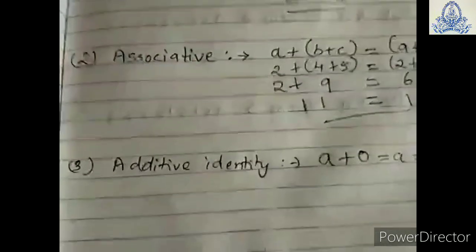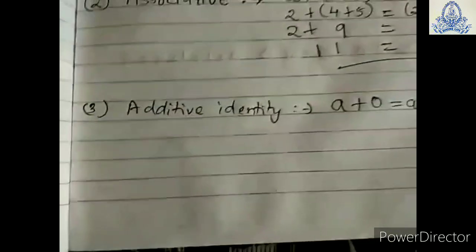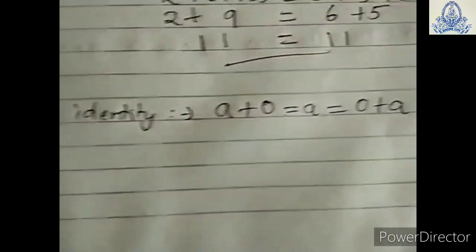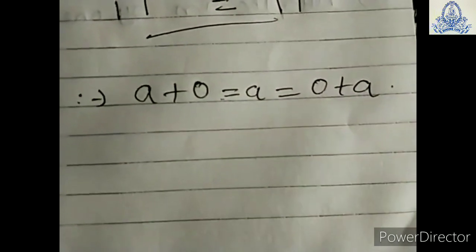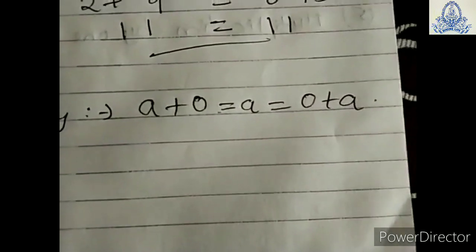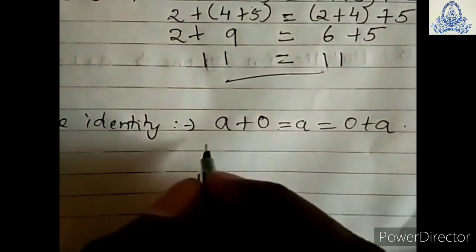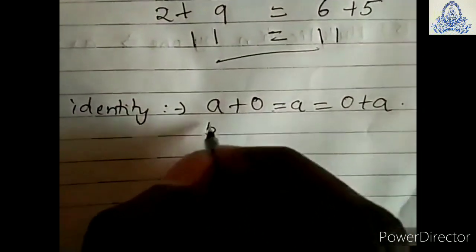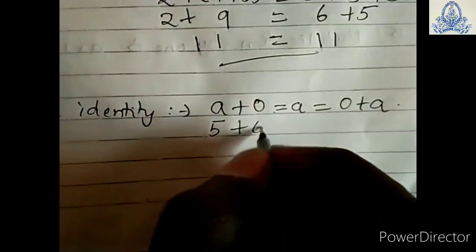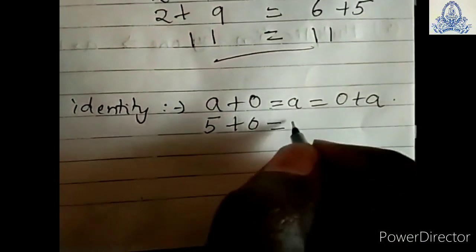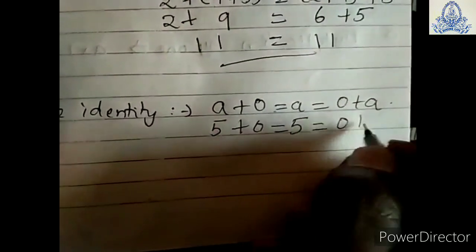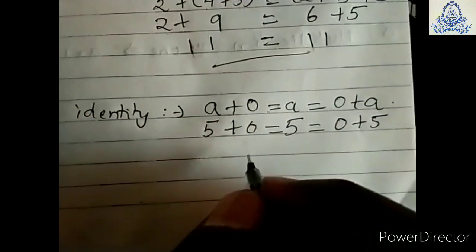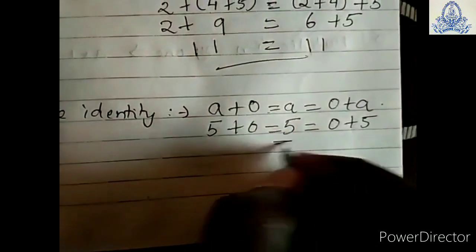Now the third property of addition is the additive identity. If we add any number with a 0, we get the same number. For example, if we take A as 5, then 5 plus 0 is equal to 5, and in the same way 0 plus 5, if we take, then also we get 5 only.